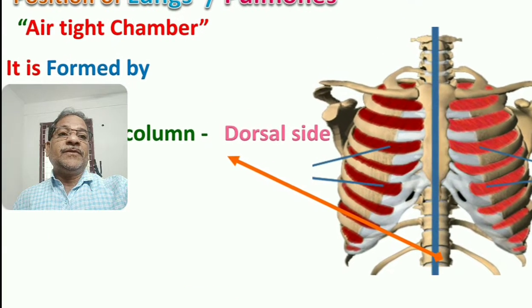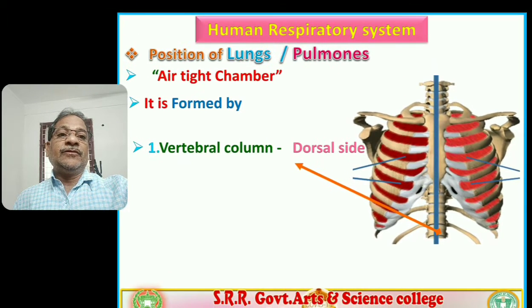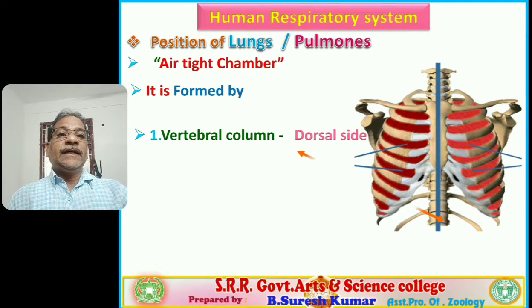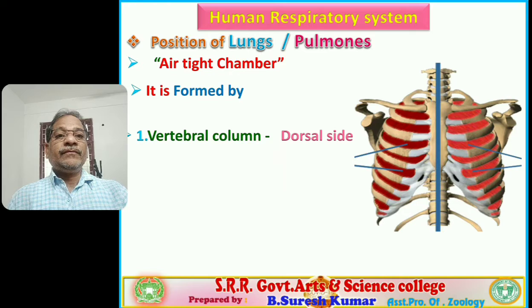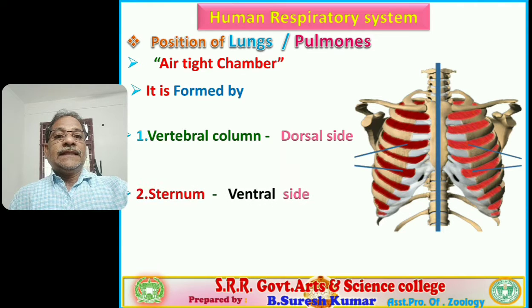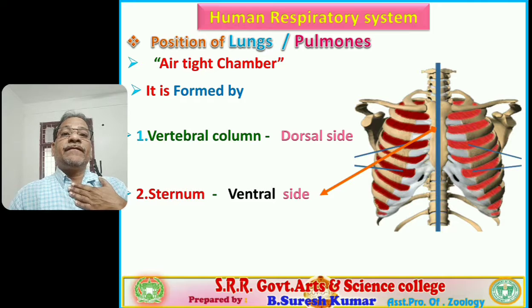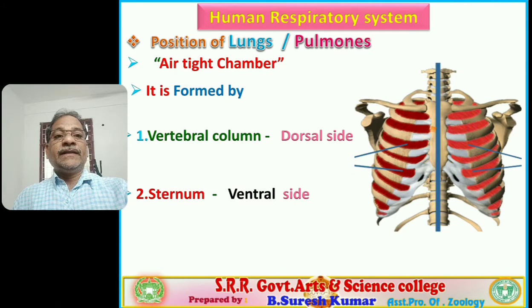You observe, this is the vertebral column, the back side of our body. Right. The second part of the airtight chamber is the sternum at the ventral side. You observe a flat bone is present at the ventral side here. This is the sternum. So it forms the border at the ventral side.